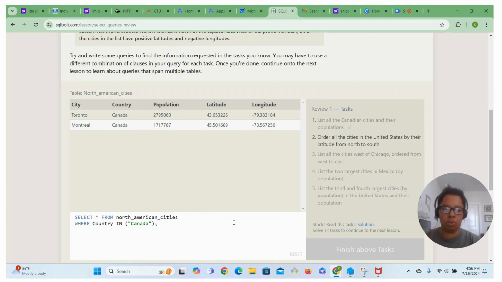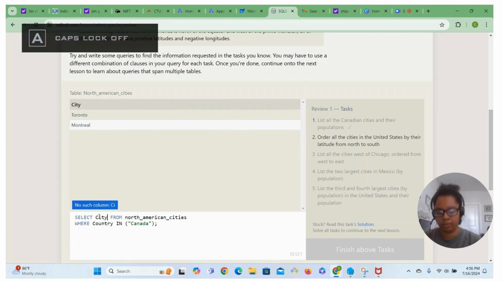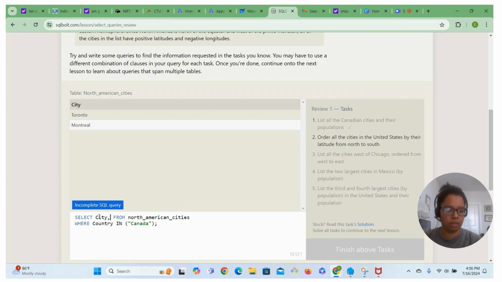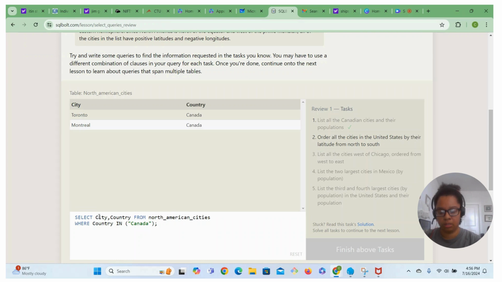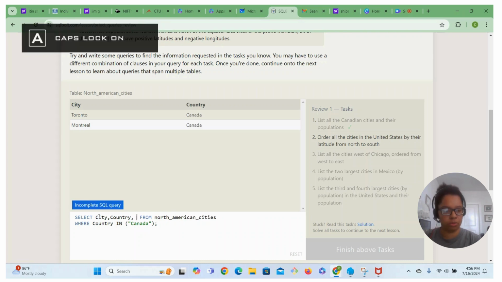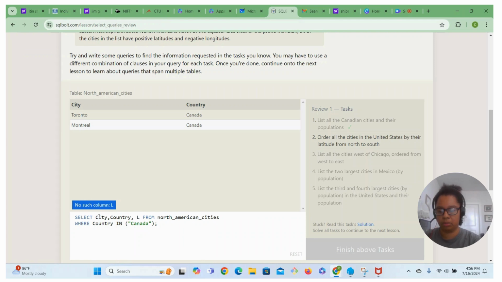The next one says order all the cities in the United States by their latitude, from north to south. So again, we're going to be saying select from here, but we're going to be giving it some specific things on here. Instead of just selecting all, we're going to be saying select city, comma, select the country, and also we are saying the latitude as well.